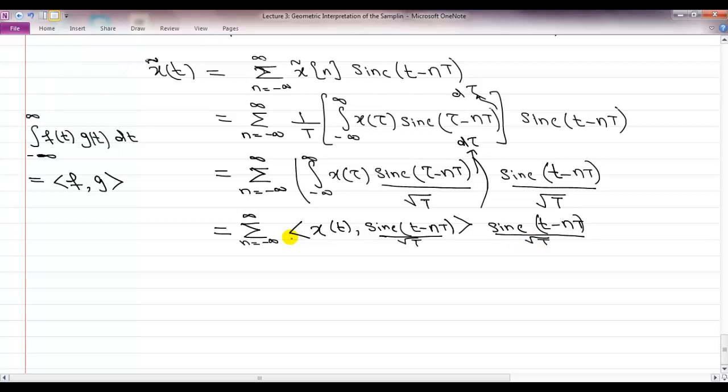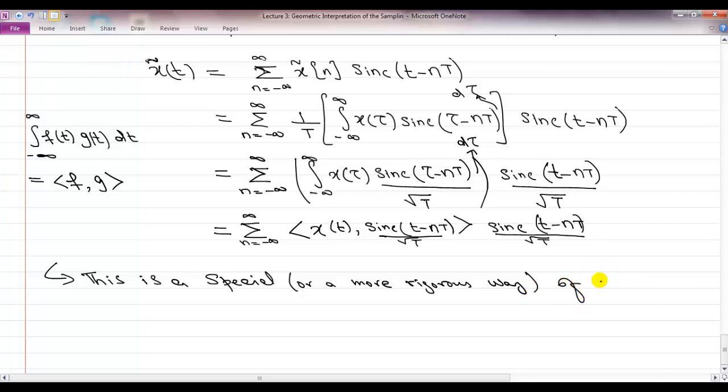Why I have done that? The reason is that once we write it in this form, we will see that this is a special way, or a more rigorous way, of approximating signals in their signal models, according to their signal models.